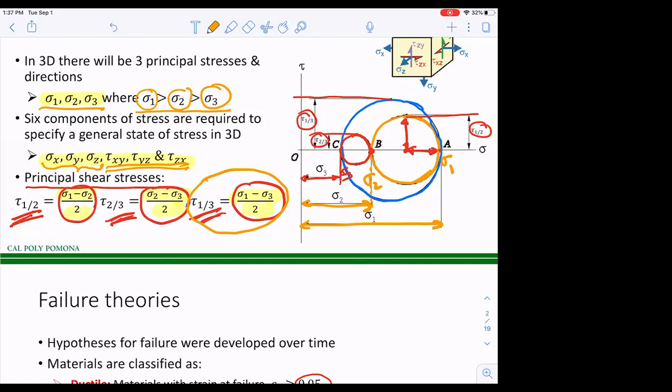But won't 1 and 2 have a smaller value though? Yeah, but as long as your maximum value is less than half the yield strength, then obviously the smaller ones are less than half the yield strength. They won't cause any failure, right? All we want is to know whether it's going to fail or not. Do we understand this? I do now.